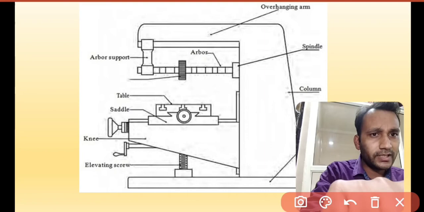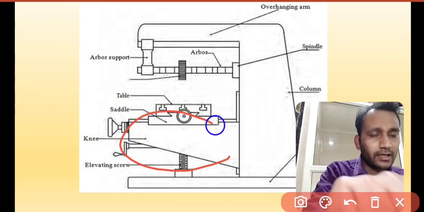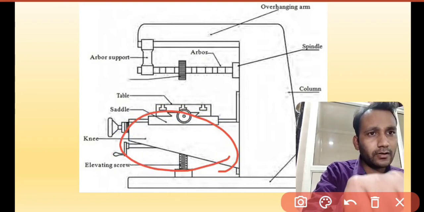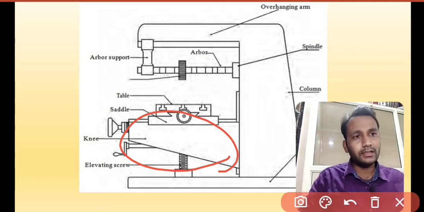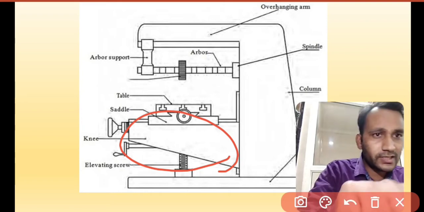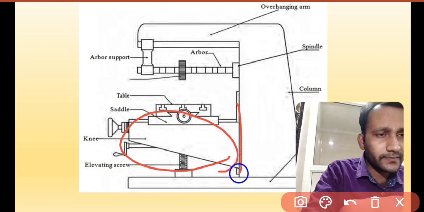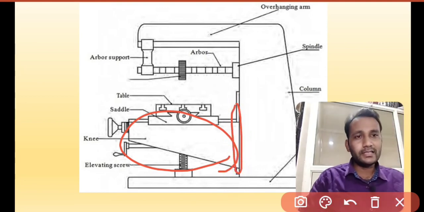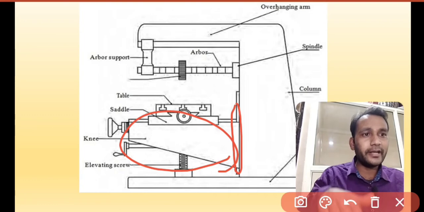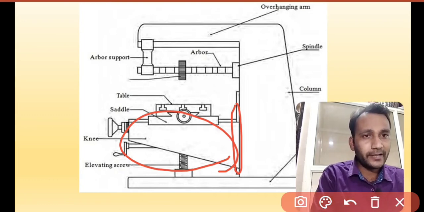Next, the knee. You can see over here this is the knee. The knee is mounted on the column, and on the column there are guideways. Over these guideways the knee can slide vertically up and down, so you can adjust the position of the knee.